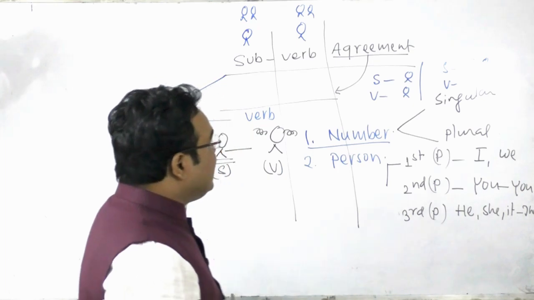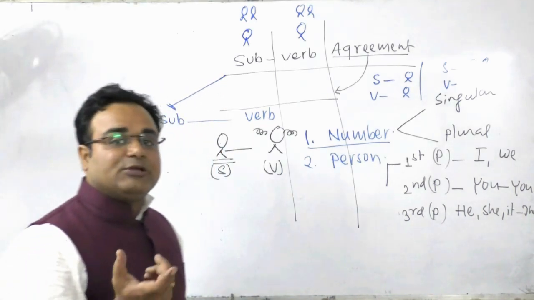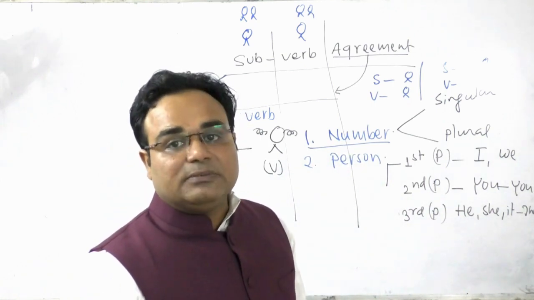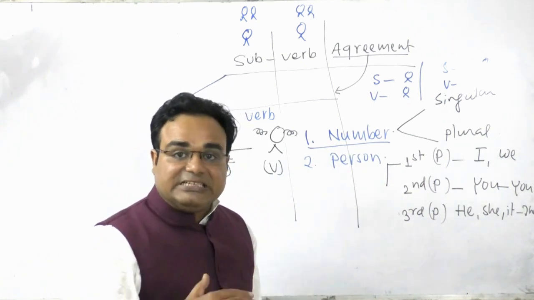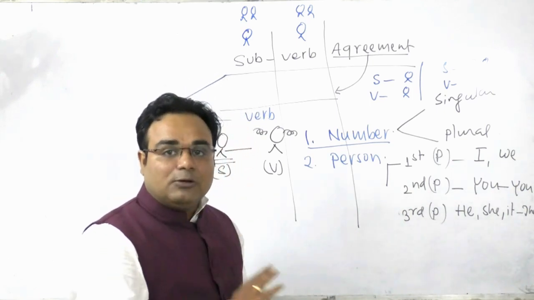Now, the second thing that we have to understand is what we mean by singularity as well as plurality of a verb or a subject. Is it the same for both of them, or is it different?